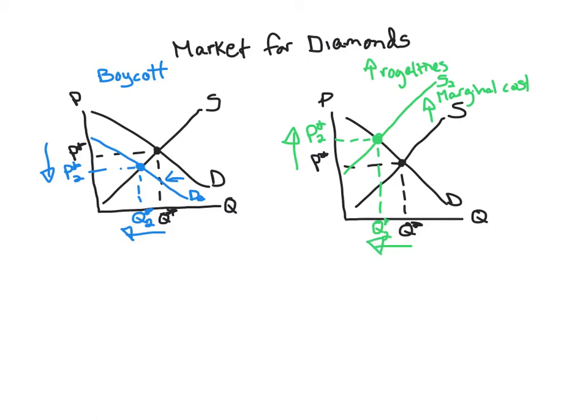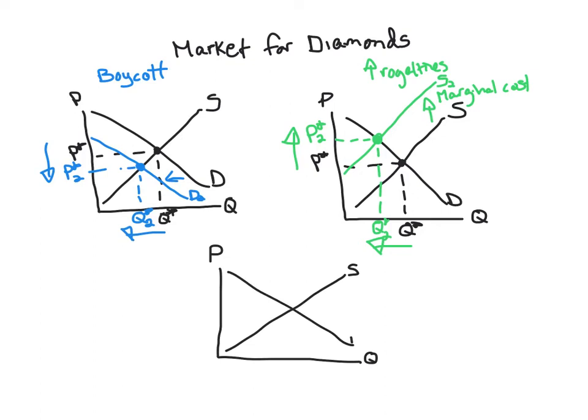Now, it's important to consider each factor separately, because if you just put everything on one graph, it might be hard to really see what's going on. So let's see what happens when we put both changes on one graph. So starting at our original equilibrium, okay, let's put in the demand shift from the boycott.